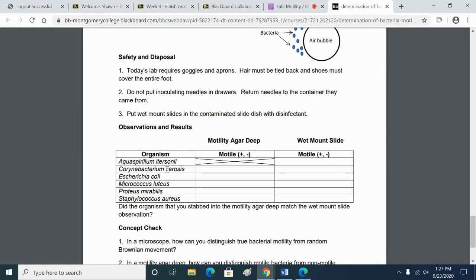Micrococcus luteus. Anybody remember what was special about Micrococcus luteus?